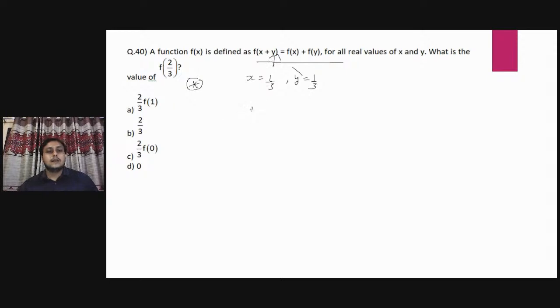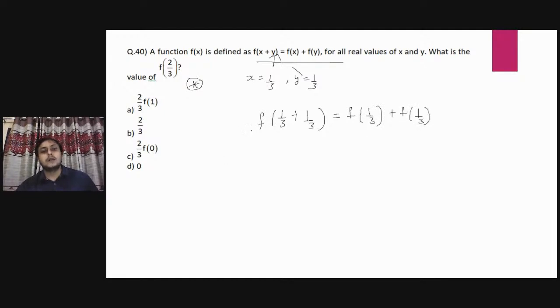So what we'll get, f of 1 by 3, wait a minute, means f of x plus y means 1 by 3 plus 1 by 3 equals f of 1 by 3 plus f of 1 by 3.